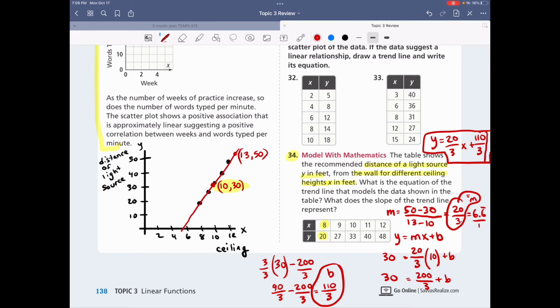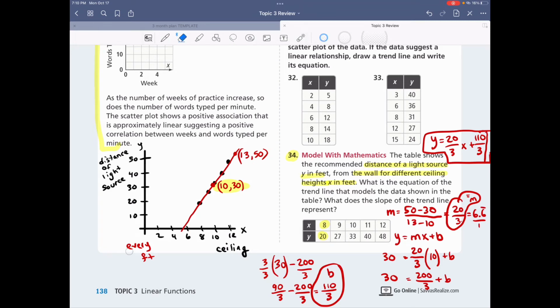And then we need to answer, what does the slope mean? So the 20 is our y's. So for every 20 feet, I'm writing this backwards.